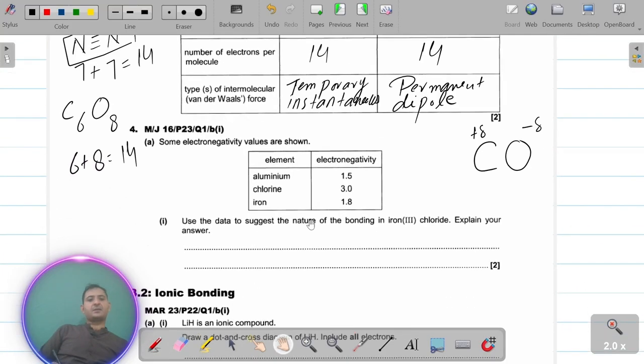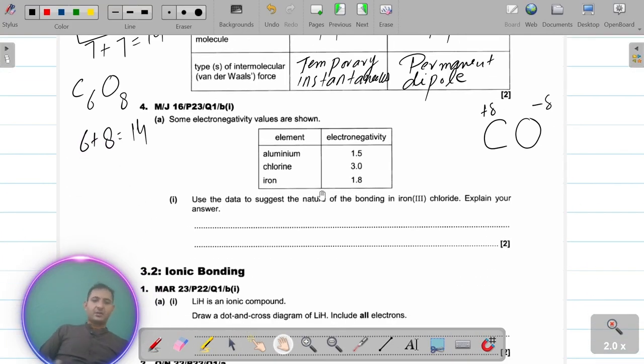So next question: some electronegativity values are given. Use the data to suggest the nature of bonding in iron chloride. Here I have iron 1.8 and chlorine 3.0. And this 3 means the iron has a charge of positive 3. It means we have FeCl3. Iron makes a +3 charge. One chlorine charge is -1, and there are 3 chlorines, so -3. Now iron is 1.8, chlorine is 3.0. So use the data. We have to figure out what type of bonding it is.